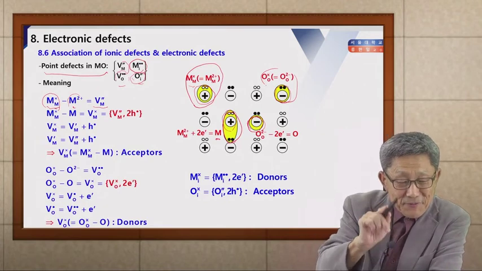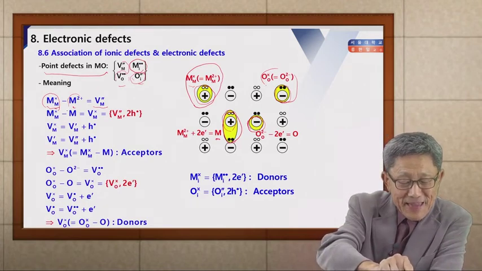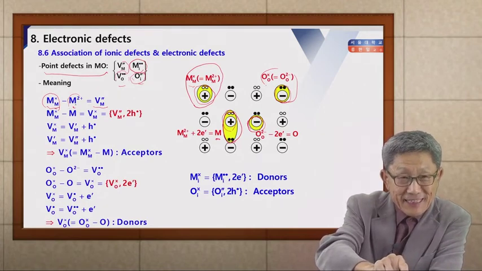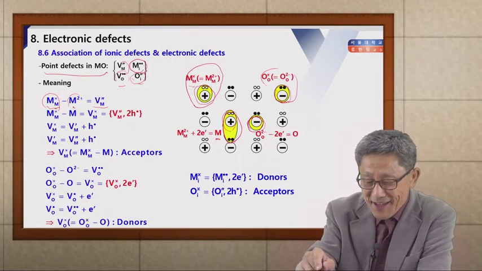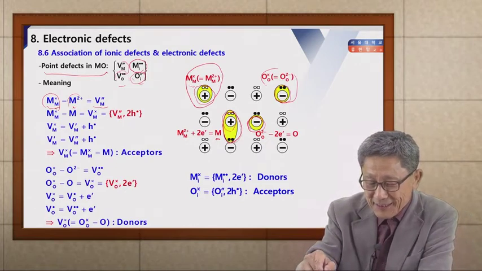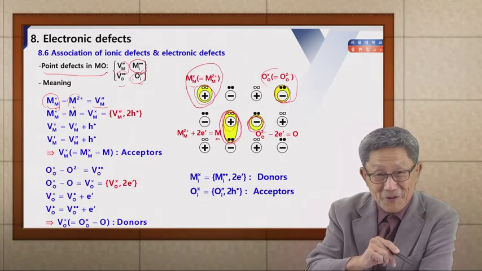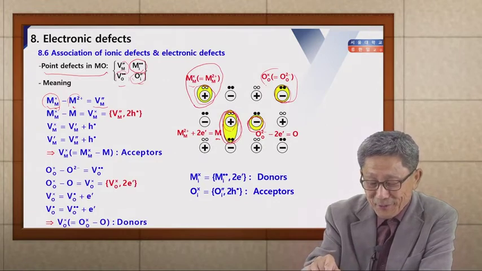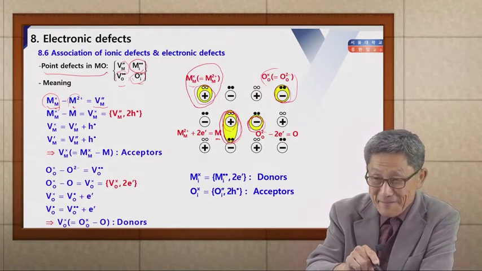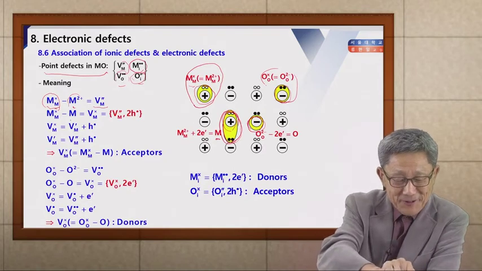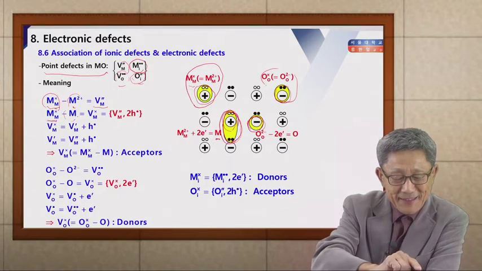What would happen if you remove the metal atom instead of the metal ion? This means you are taking out this entity as a whole, together with these two electrons. Now you are taking out the metal atom from the ideal crystal.